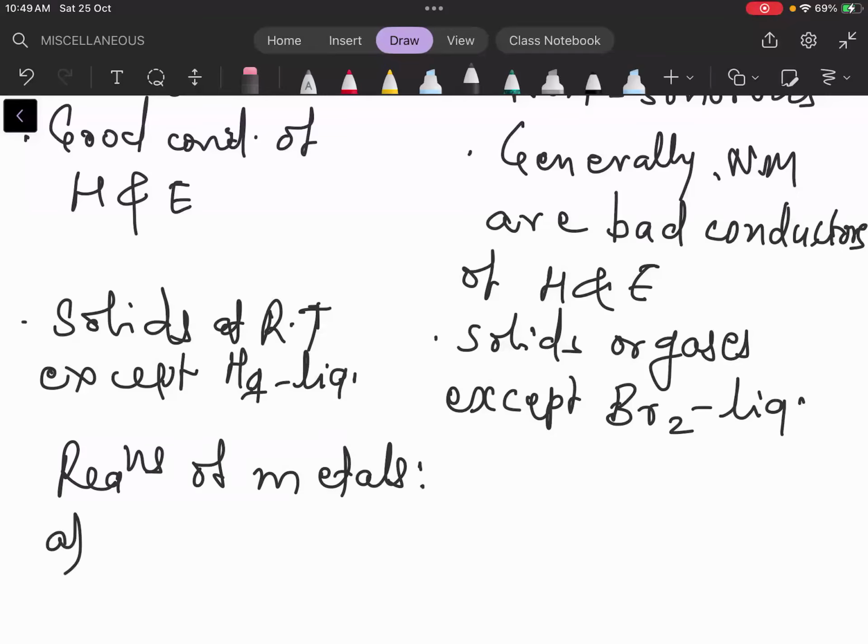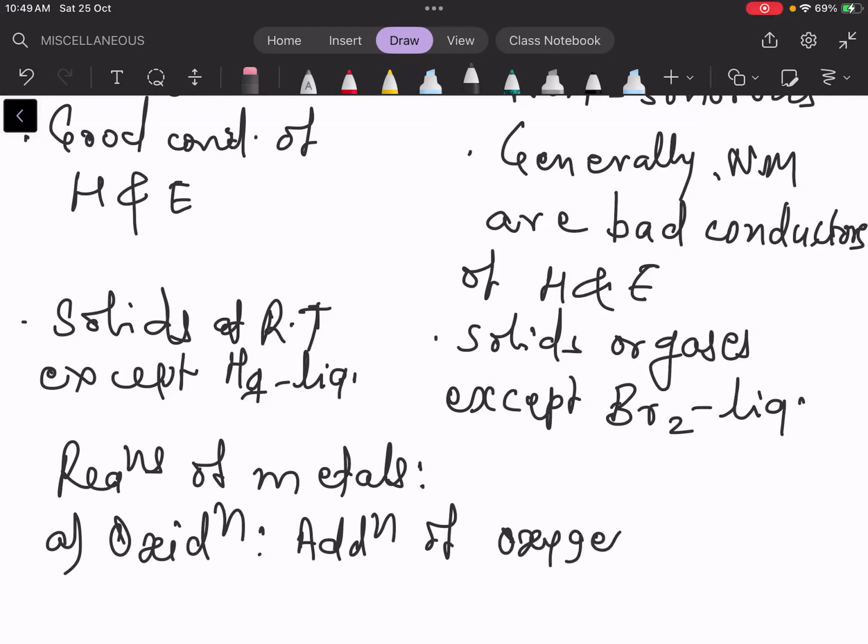First, oxidation. Oxidation involves addition of oxygen.